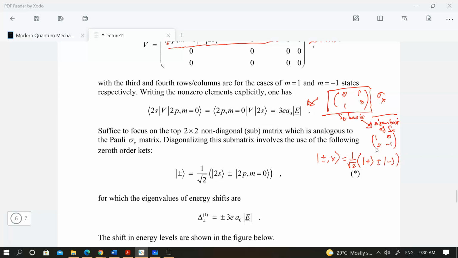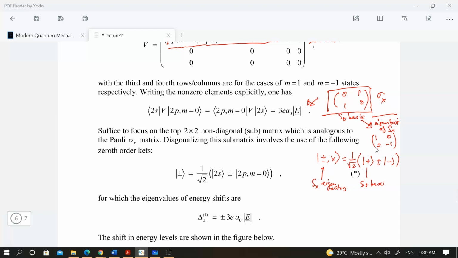So this is your Sz basis, and this is your Sx eigenvectors. In other words, it's a similar kind of problem.